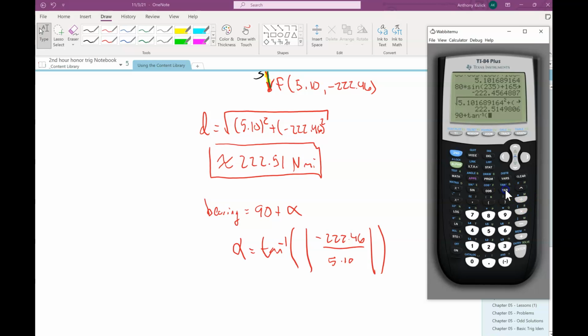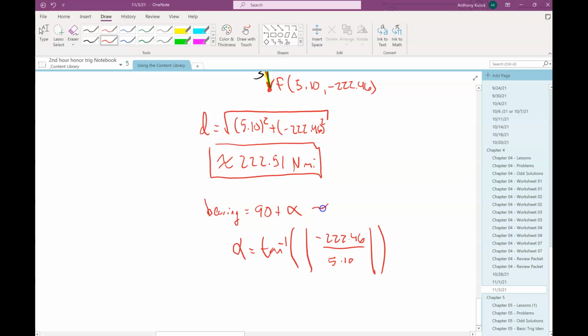And here I am actually going to use the absolute value command because I'm just going to pull the y value from here and the x value from here, so I can't unnegative it real easy. But I get 178.7. So there's my bearing.